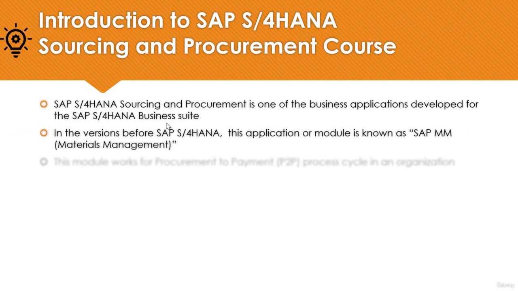In the versions before SAP S/4HANA, this application or module is known as SAP MM or Materials Management, if you are aware of SAP MM previously. This module works for the procurement to payment, or P2P, process cycle in an organization.